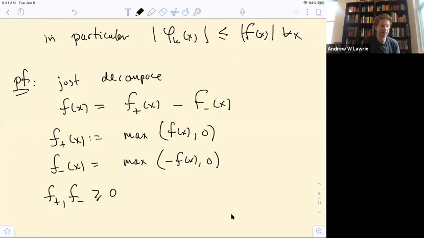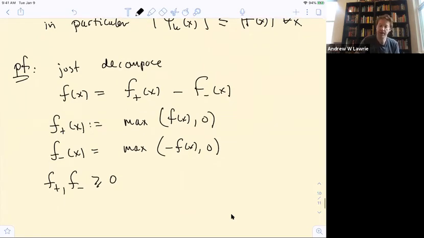So I've written f as a difference of two non-negative functions, the positive part minus the negative part.